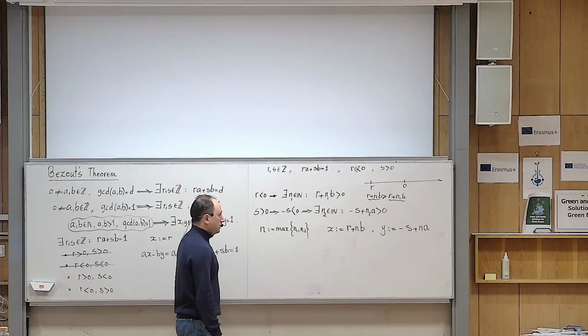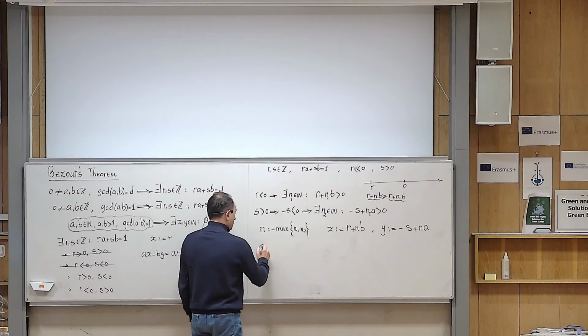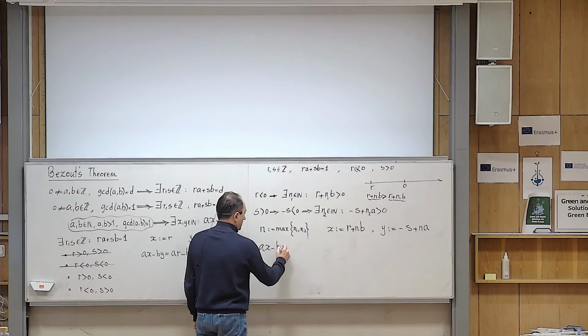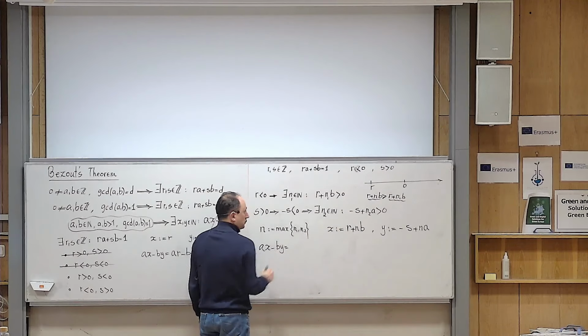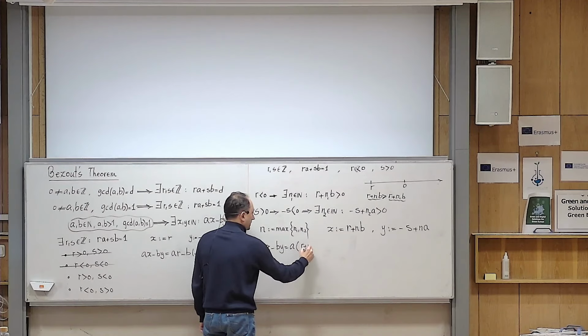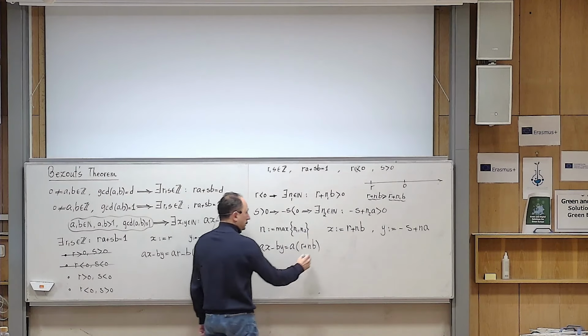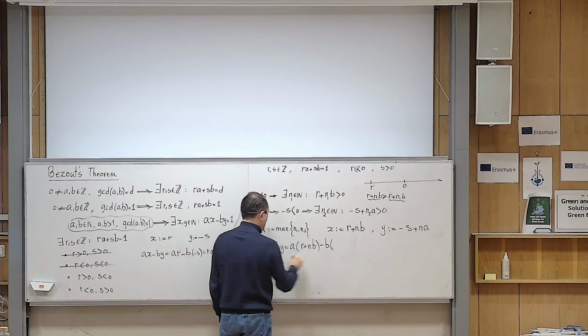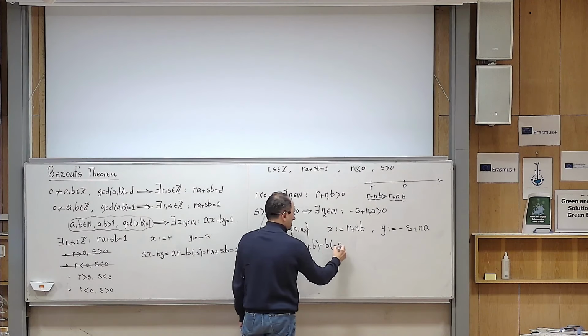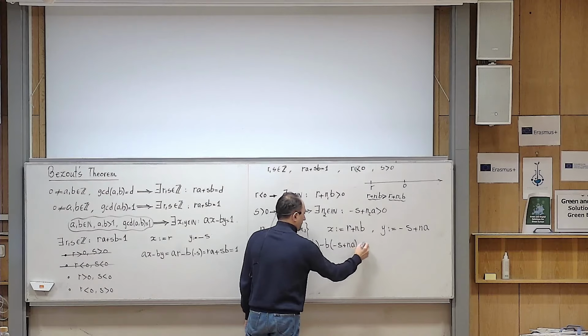Okay? Now, let me calculate ax minus by again with these numbers that I introduced. So it becomes a times r plus nb, instead of x, minus b times y, but y is minus s plus na, and I continue.